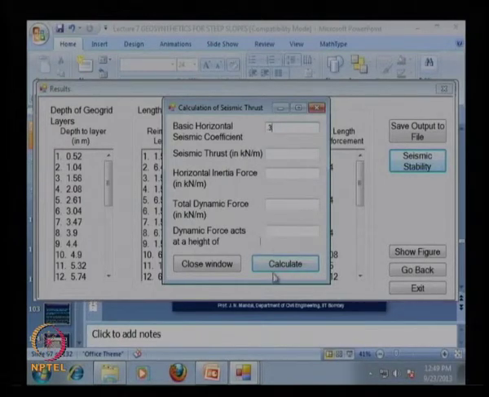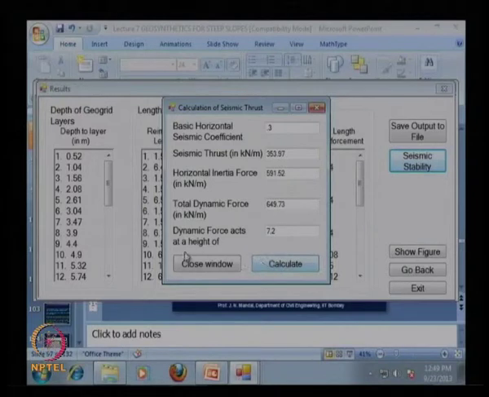Then you can directly calculate and see the seismic thrust in kilonewton per meter, the horizontal inertia force 591.52, total dynamic force 649.73, and the dynamic force acts at a height of 7.2. You can also use this and determine the other forces.